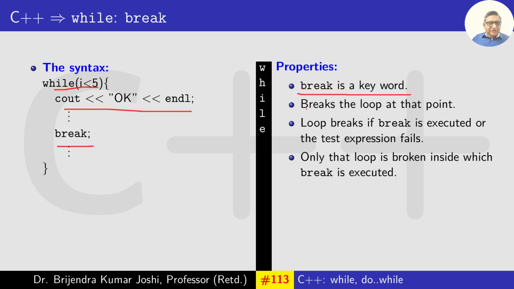Once it enters the loop body, it starts executing those statements, and as soon as break is encountered and executed, it comes out of the loop from this point itself. If the test expression fails, it does not enter the loop body at all. So the loop breaks if break is executed. And one thing more, in case of nesting, only that loop is broken inside which the break is executed.